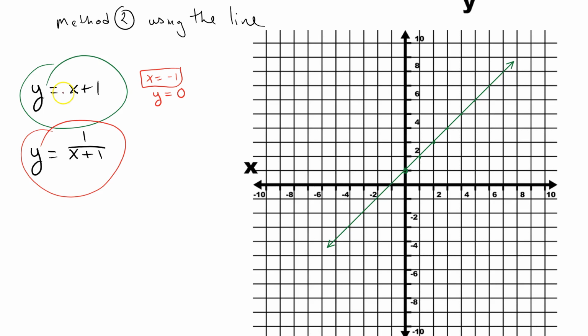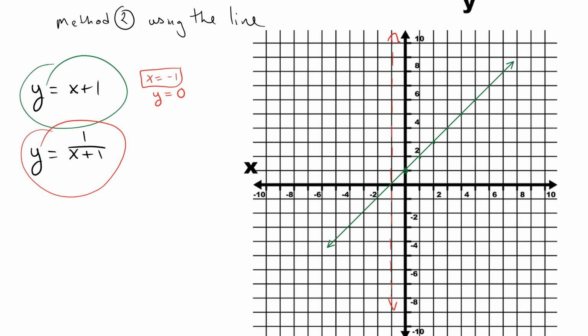When I take the reciprocal of, or if I plunk it into this equation right here, 1 over 0, we have an asymptote occurring at that point. So whenever the line crosses the x-axis, this is exactly where our asymptote is going to be, a vertical one anyway. So I'm just going to draw this guy in right there.